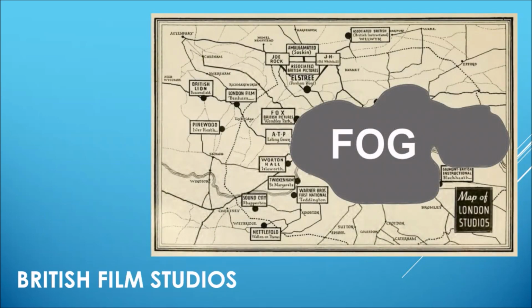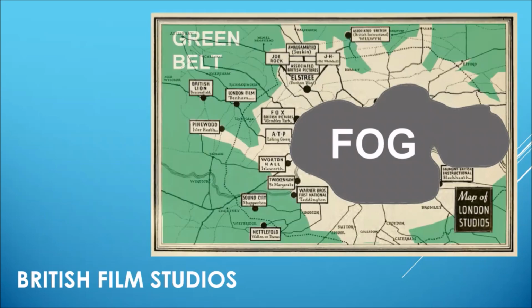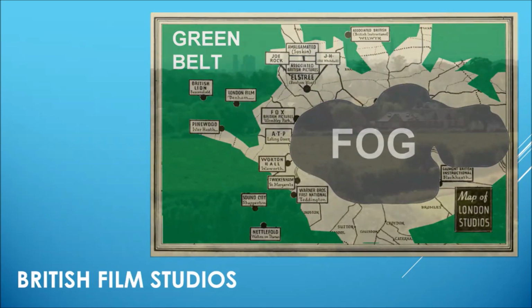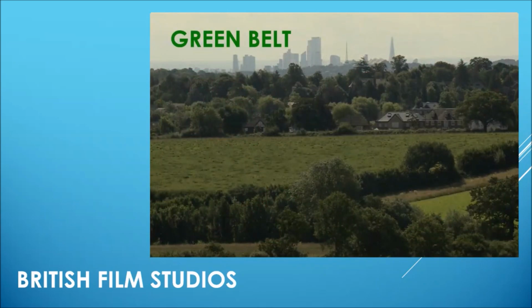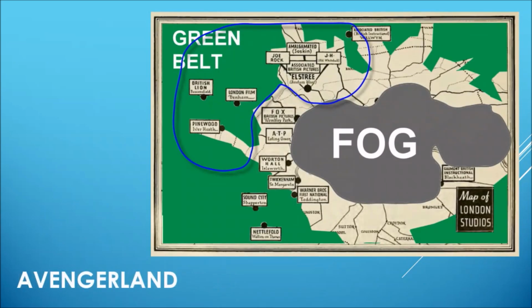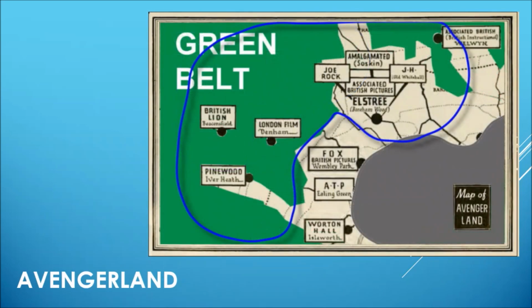In the 1930s, newer, bigger studios were constructed outside the so-called fog zone, on the doorstep of the statutory green belt around London, a preserved historic landscape. It is this distinctive area to the northeast of London that became the tangible location of Avengerland.